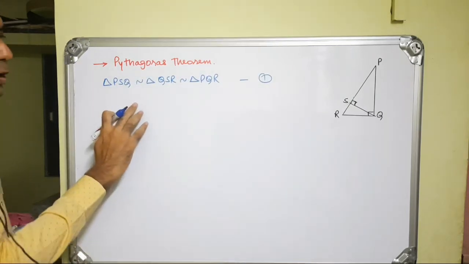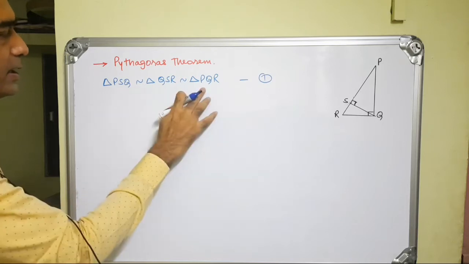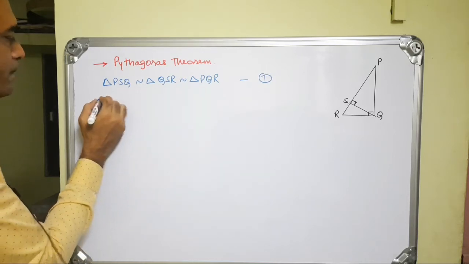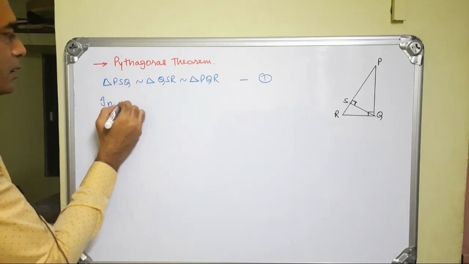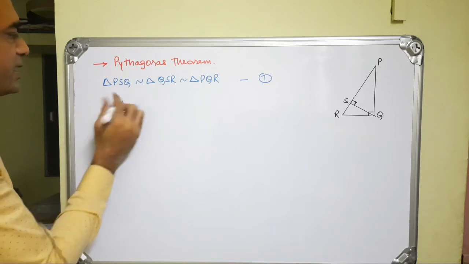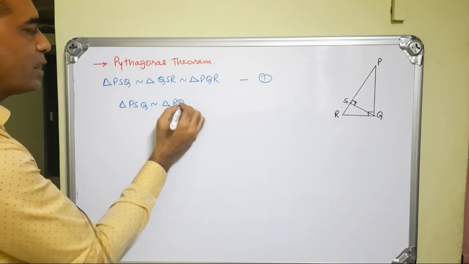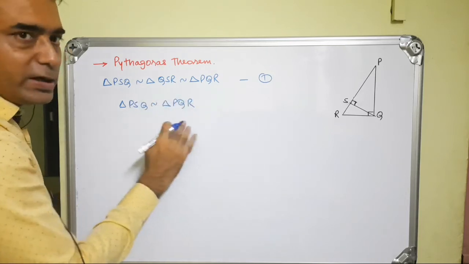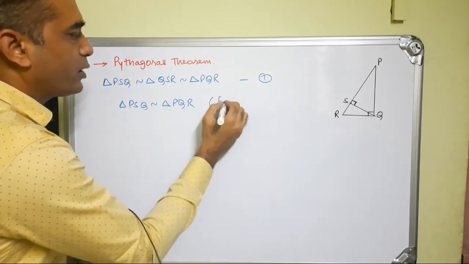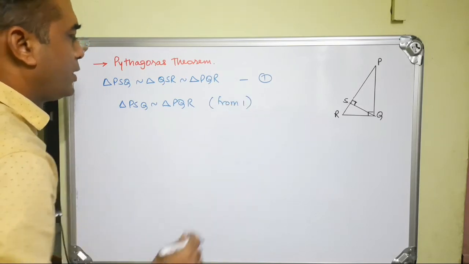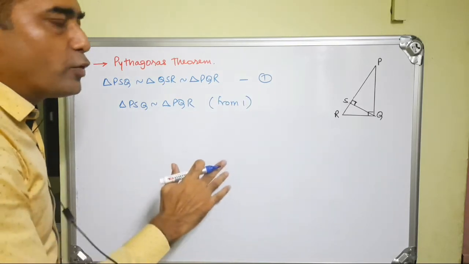Now what we will do? Now we will take this triangle and this triangle. So in triangle PSQ is similar to triangle PQR. First we will take these two triangles. This is from 1. Now how will we prove this theorem?